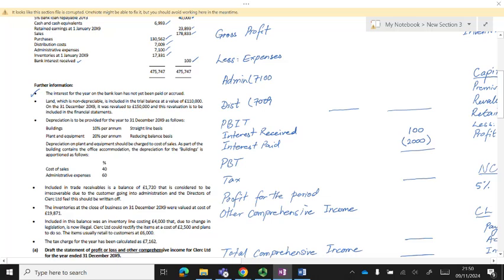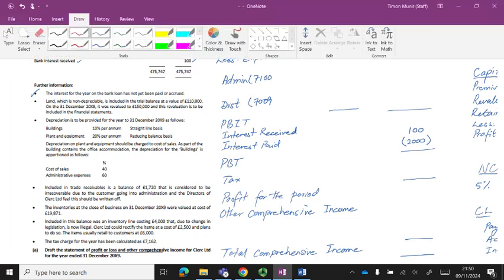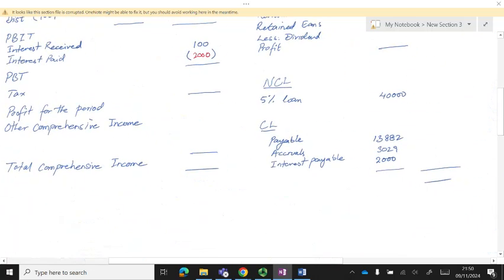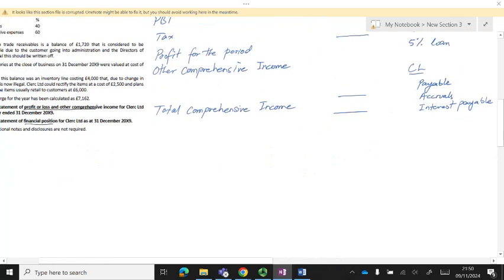Next we have land, which is non-depreciable, is included in the trial balance at a value of 110,000. On 31st of December 2009, it was revalued to £150,000, and this revaluation is to be included in the financial statements. In fact, I should do all my workings in red color. You can see the effects. Over here, I'm going to do working number 1, land.